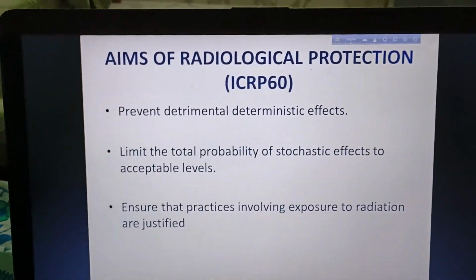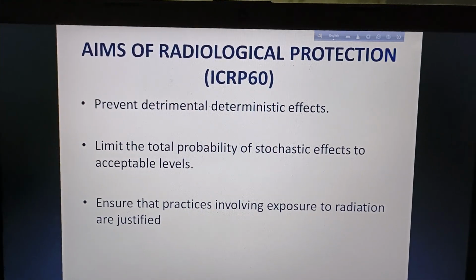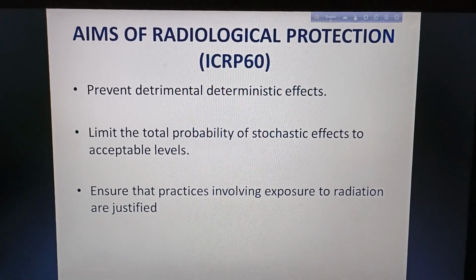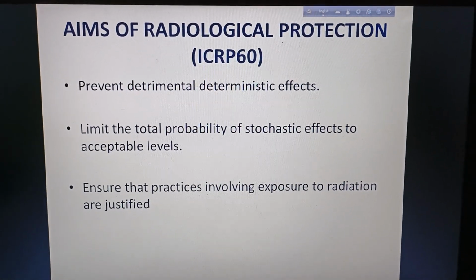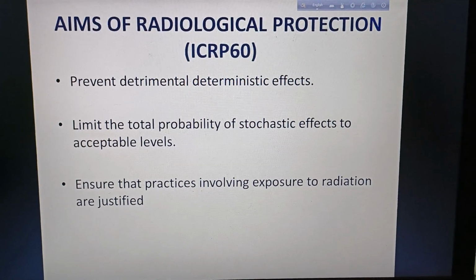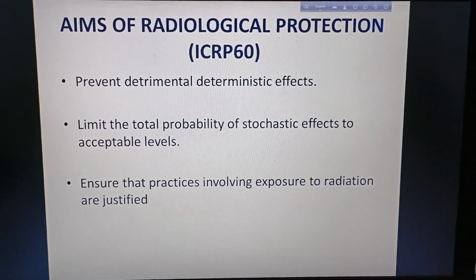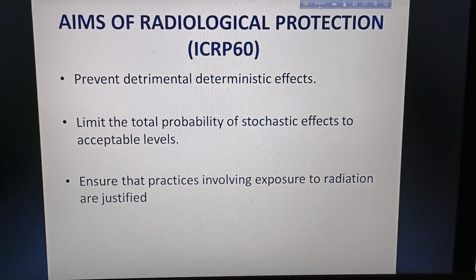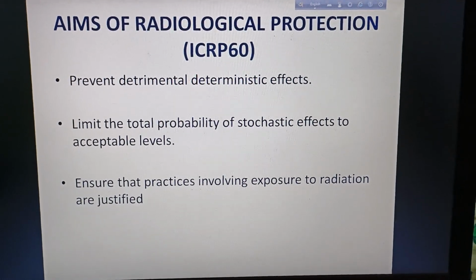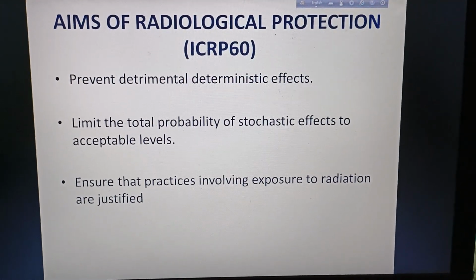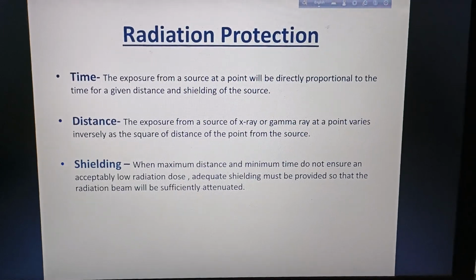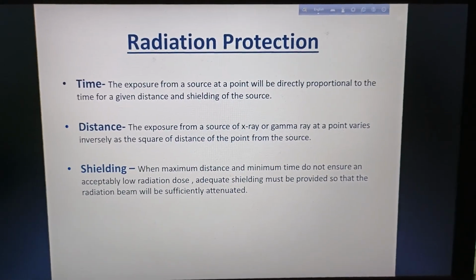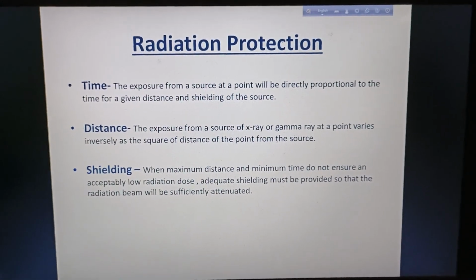Aims of radiological protection, ICRP 60: prevent detrimental deterministic effects, limit the total probability of stochastic effects to acceptable levels, and ensure that practices involving exposure to radiation are justified. Radiation protection depends on time, distance, and shielding.